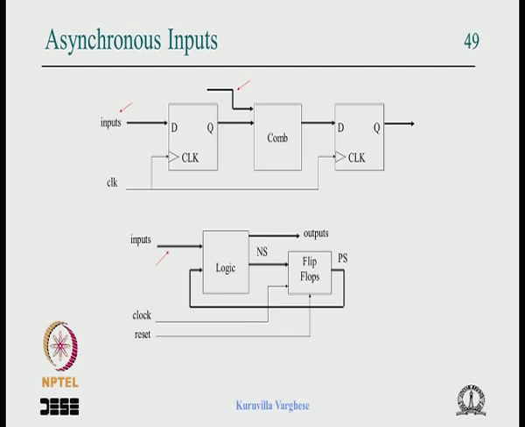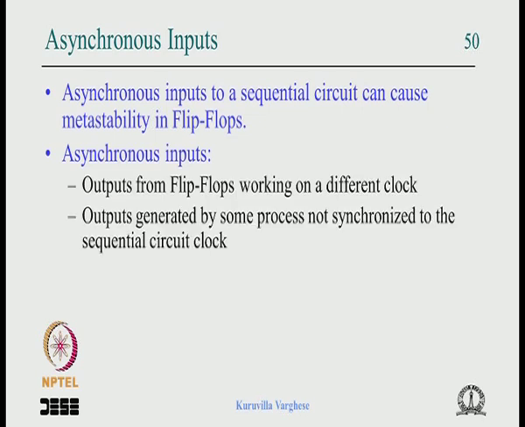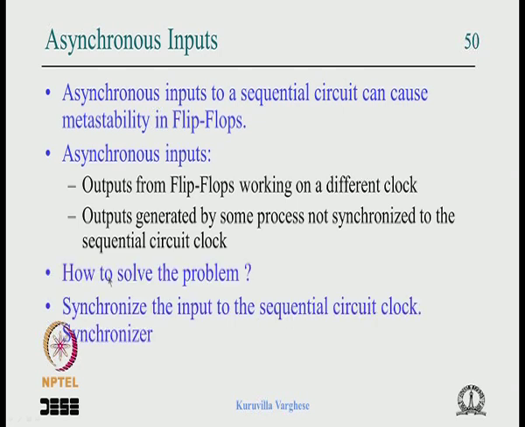That is the crux of the problem. When we say asynchronous input, it is an input generated by a flip flop or register with a different clock, or by a process which is not synchronized to the sequential circuit. So it is very easy to answer: the problem is that the input is asynchronous.